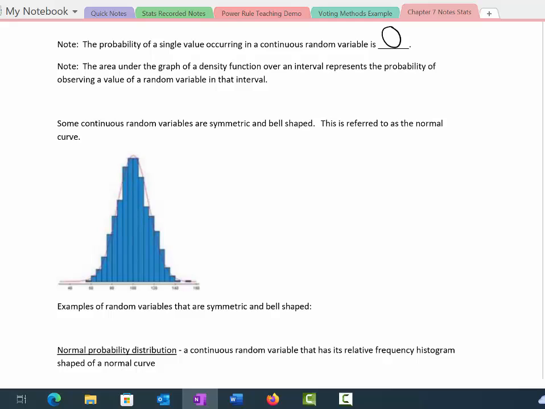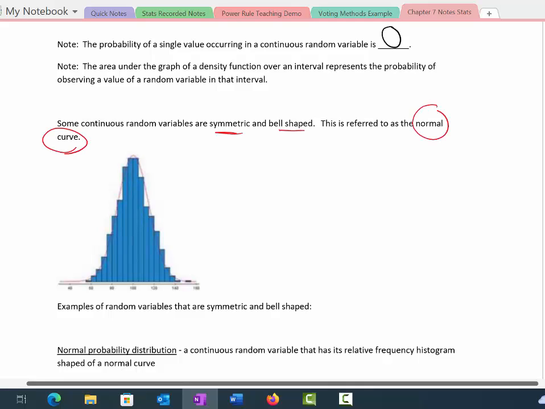Some continuous random variables are symmetric and bell-shaped. This is what is referred to as the normal curve. Some random variables that are symmetric and bell-shaped are IQ scores and weight of babies.